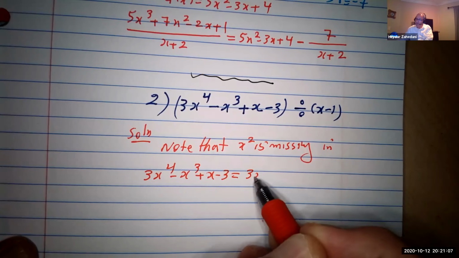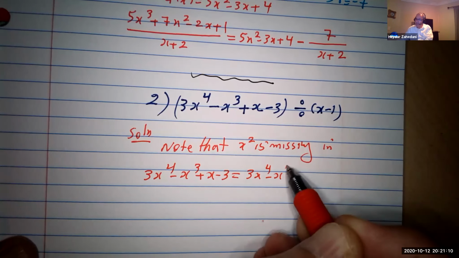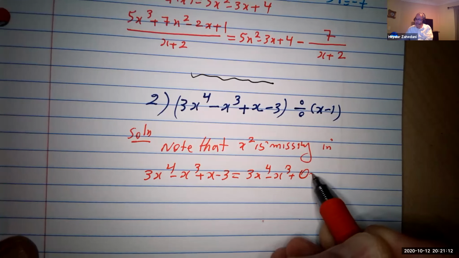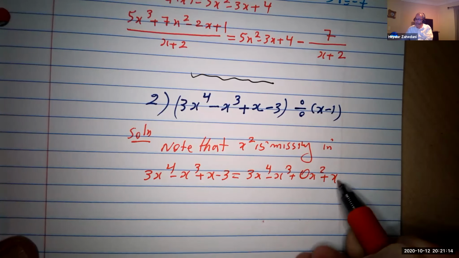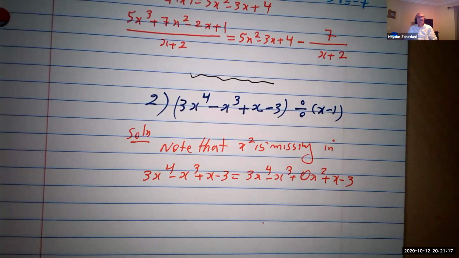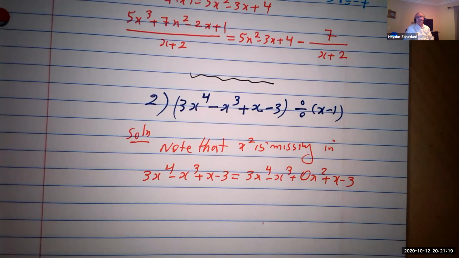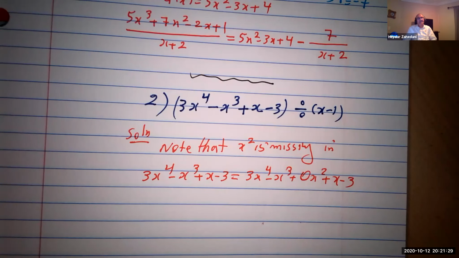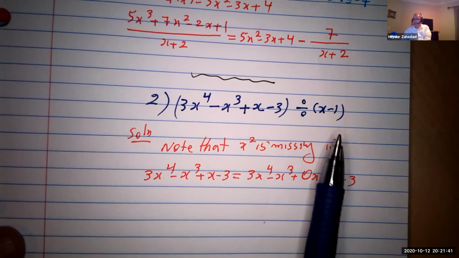You rewrite it as 3x to the fourth minus x cubed plus 0x squared plus x minus 3. Any question? Since in the synthetic method you are going to use the coefficients of all the powers, you must make sure that all the powers are present. If not, you have to add a zero term. Now we are ready to proceed.